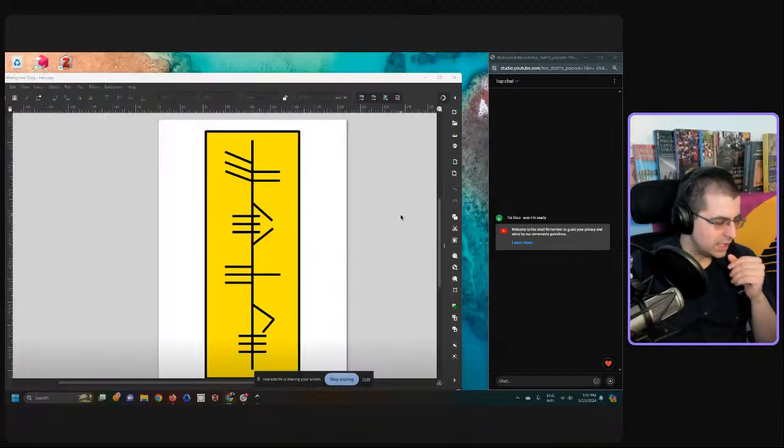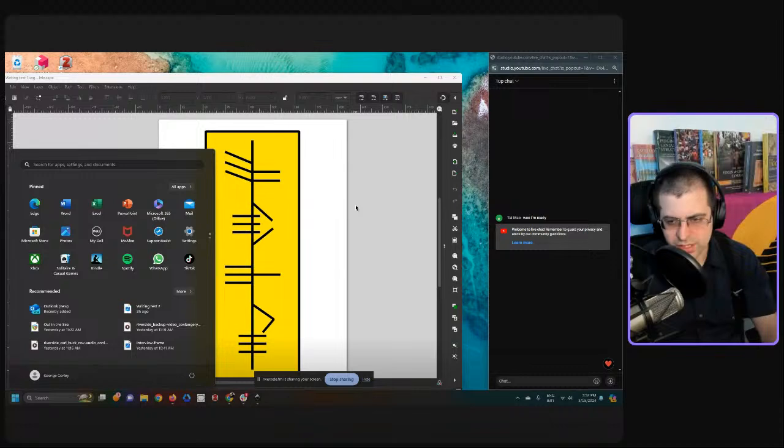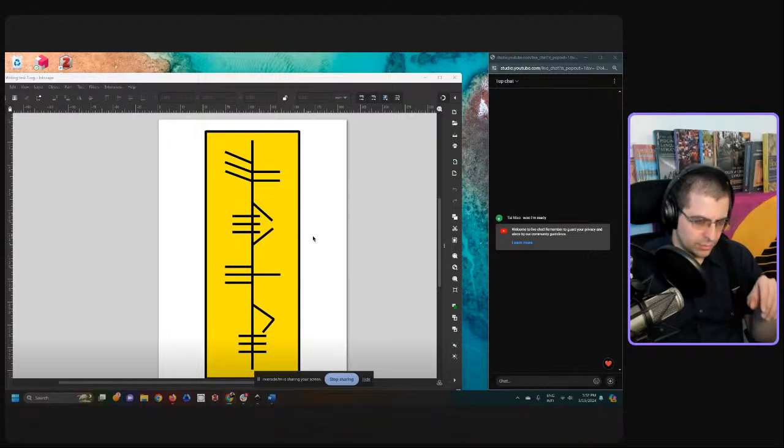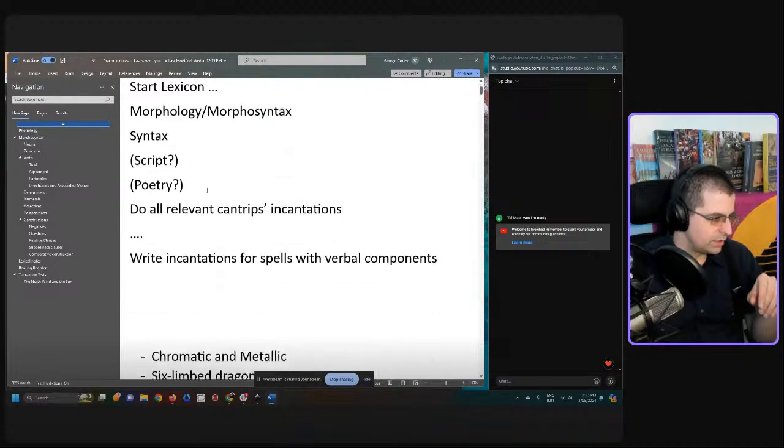But I think the first step we need to do is to map out our syllables and see if a syllabary is feasible, and that will help inform.